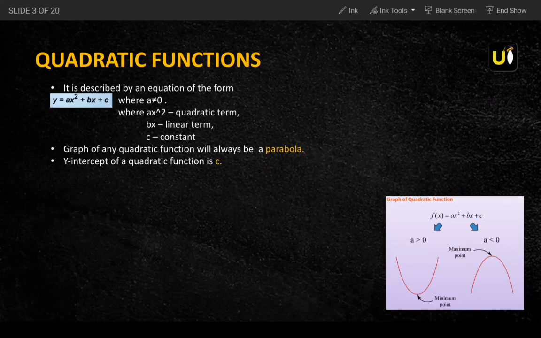Firstly, what is a quadratic function? A quadratic function is a basic equation written in the form y is equal to ax square plus bx plus c. The highest degree of this quadratic function is 2.